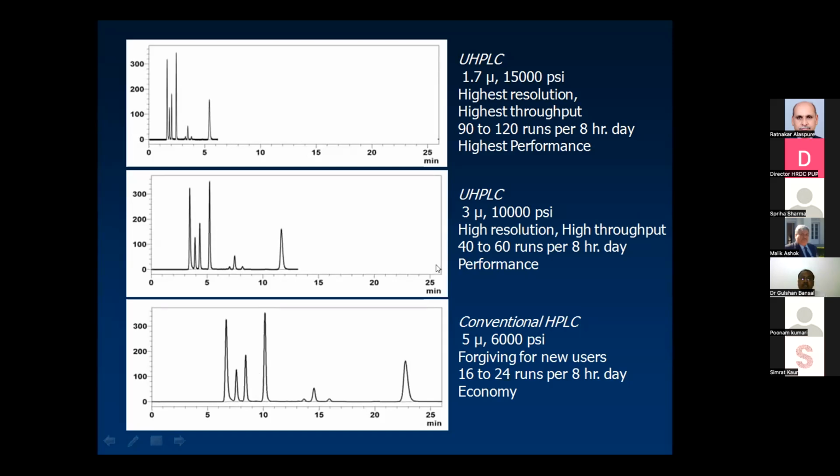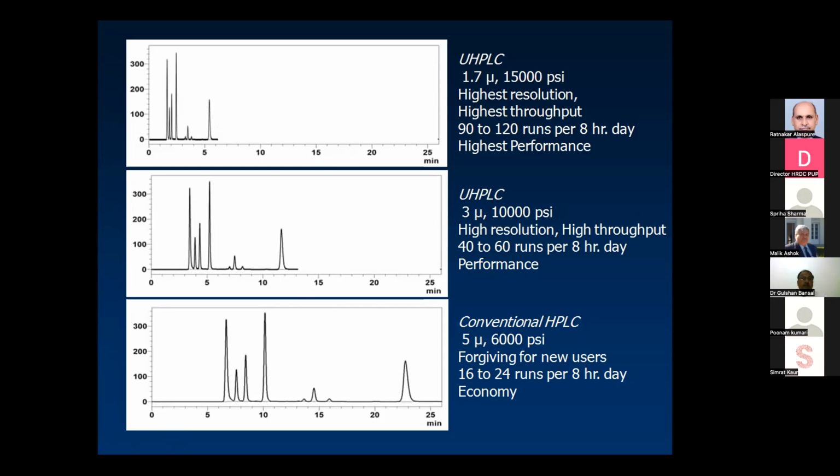When it is UHPLC with a 3 micron particle size, the runtime is around 13 minutes. And when it is UHPLC with 1.7 micron, the runtime is around 6 minutes. So by decreasing the particle size from 5 to 1.7, the runtime has decreased from 25 to 6.